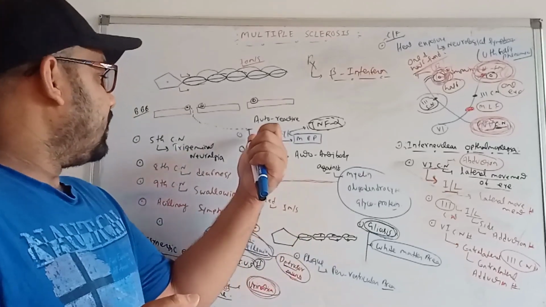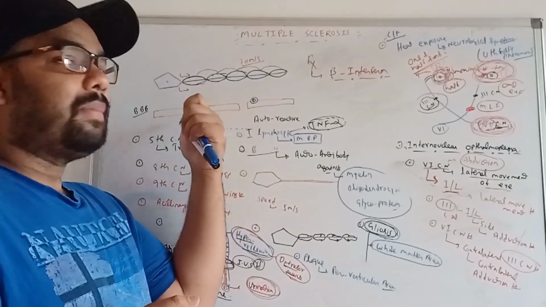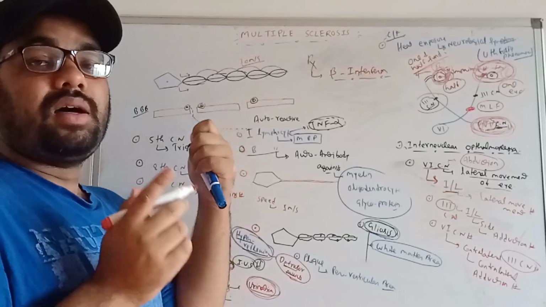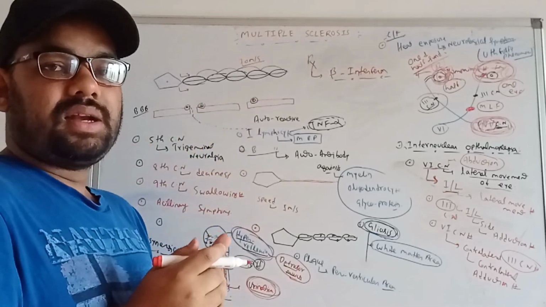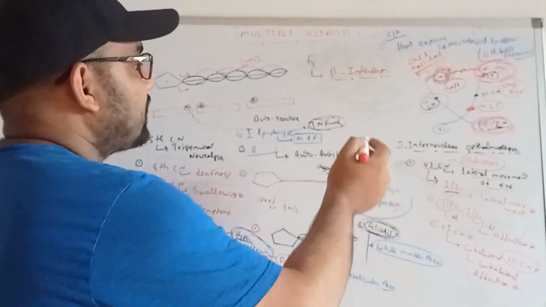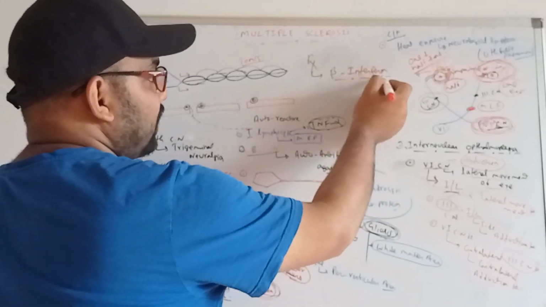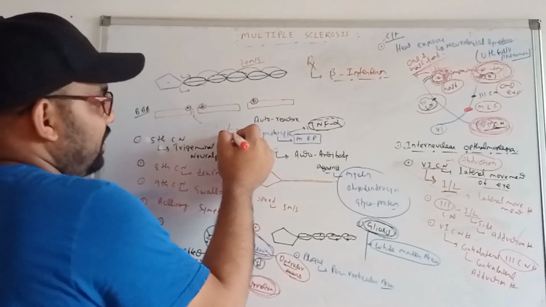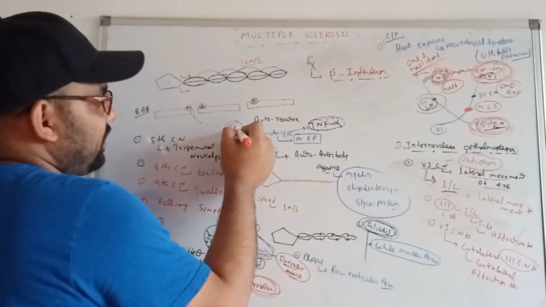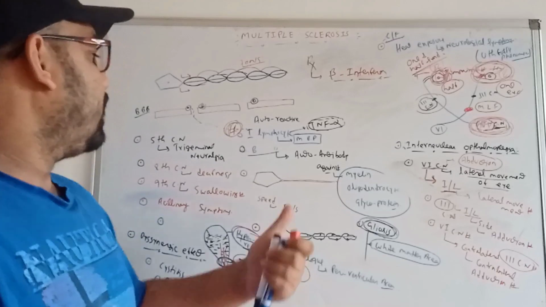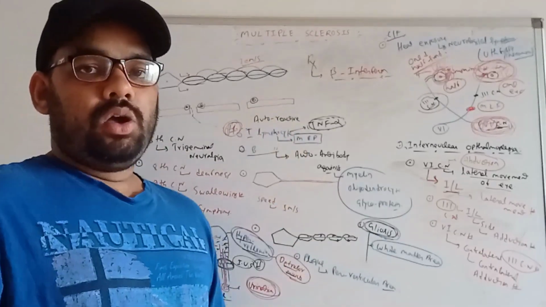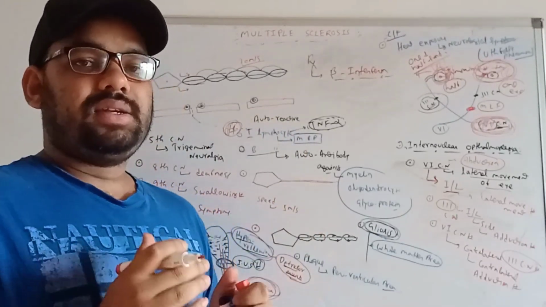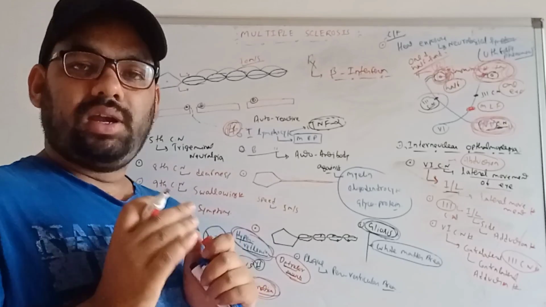The T cells attack the endothelial cells of the blood-brain barrier, and as a result the permeability of the blood-brain barrier gets increased. Beta interferon will not let the T cells go within the endothelial cells. Once they are inhibited, they will not be able to go to the endothelial cells, so there will be no further damage. As a result, the permeability will also not be increased, right?